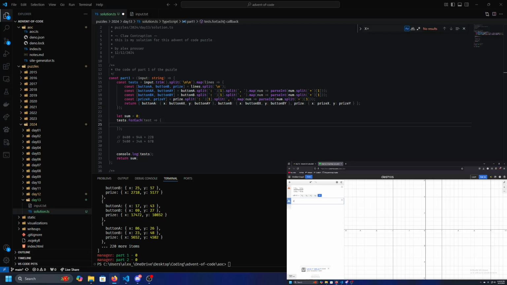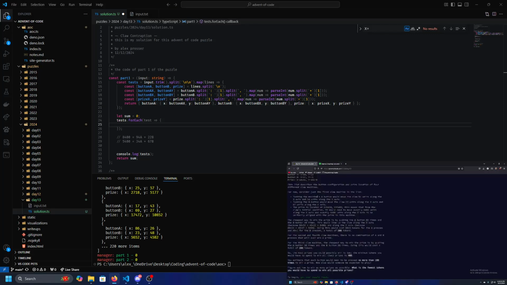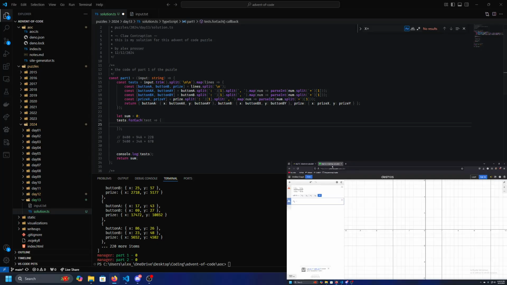And then using this equation, C1 is equal to, and I need the example case. Okay, I have it here. 94. C3 is 22.